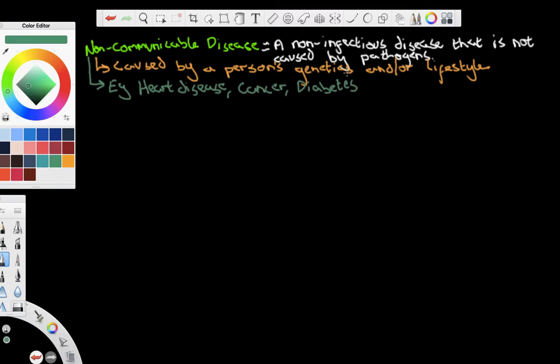Now, sadly, in developed countries such as the UK, such as the US, such as France, such as Japan, non-communicable diseases are the largest cause of death.